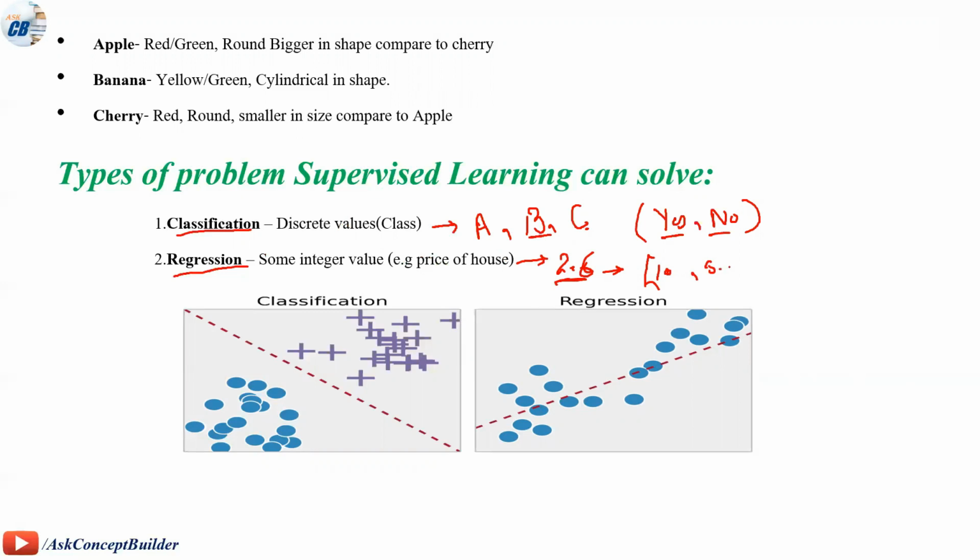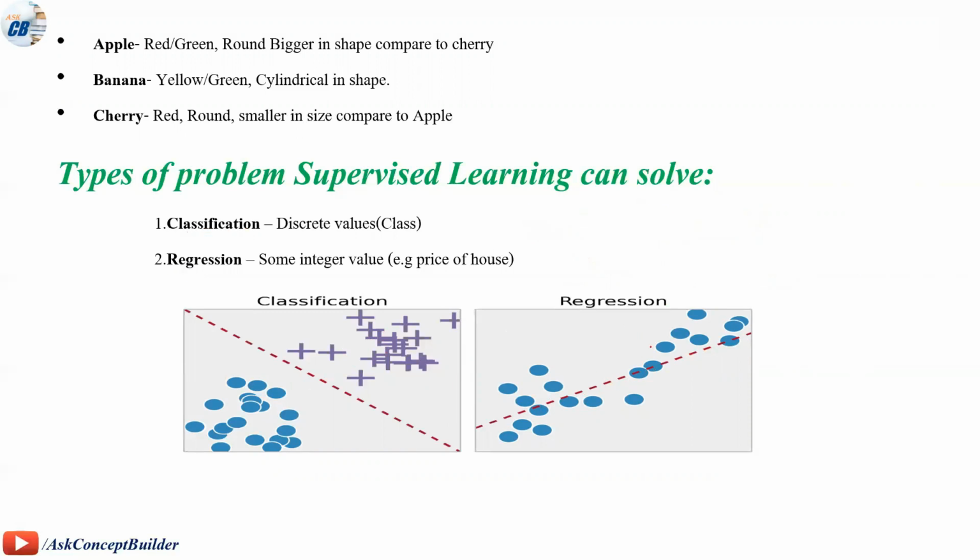Based on all those features, we will get a certain price for our house. That is called regression. Here you can see this is classification, classifying differently, and regression gives a continuous value. So these are the two types of problems which supervised learning can solve.